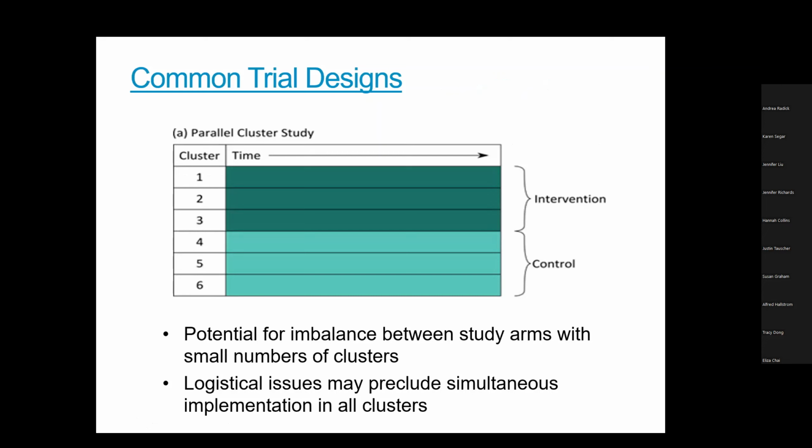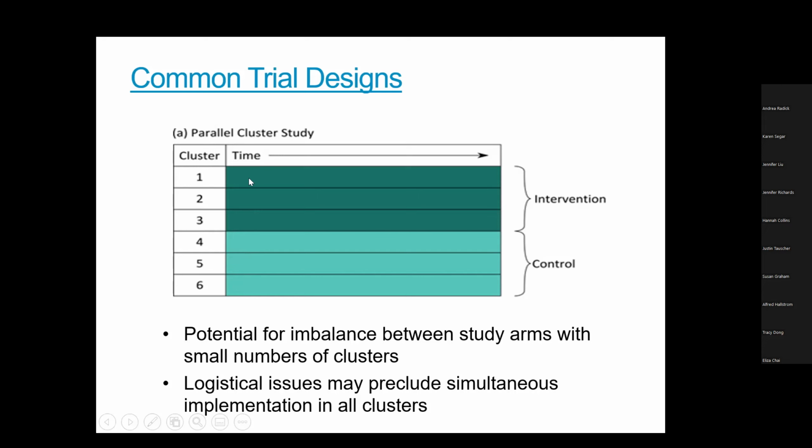So what are the common trial designs? Basically, they very closely mimic the basic ideas that you have in individually randomized trials. What we call a simple parallel design cluster randomized trial is essentially, in this little example, I'm pretending I have 6 clusters and I randomize 3 of them to receive the intervention and 3 of them to receive the control.